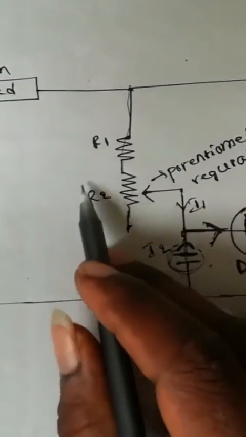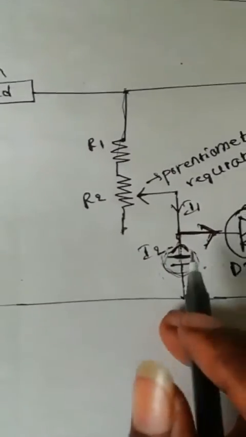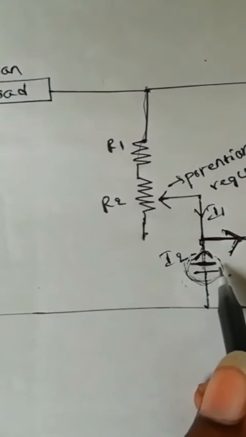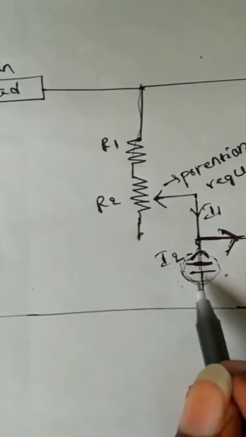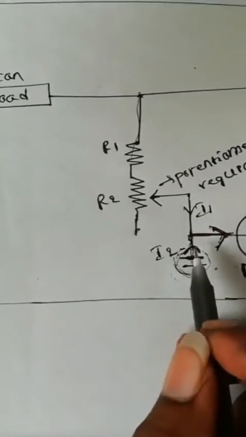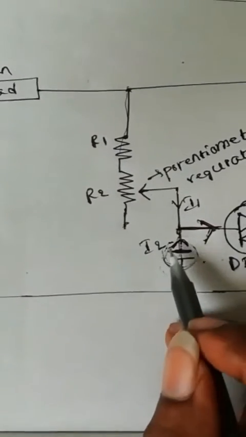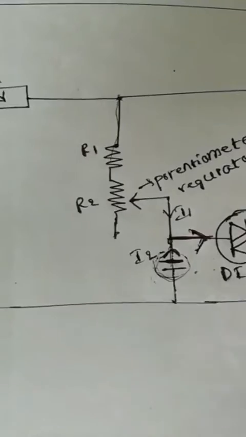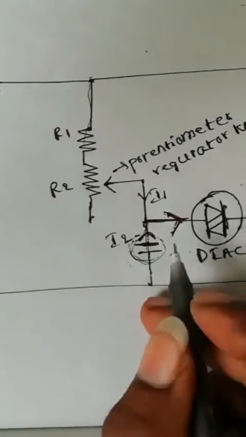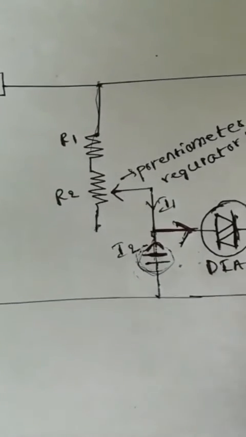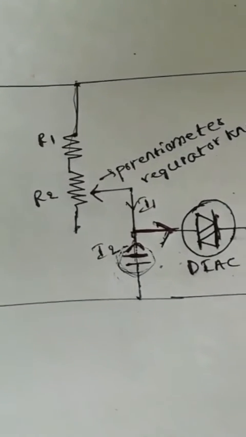So by varying this resistance, we can reduce or increase the time for the capacitor to charge. If it is charged in less time, it will be shorted in less time. If it takes more time to charge the capacitor, it takes more time to short.